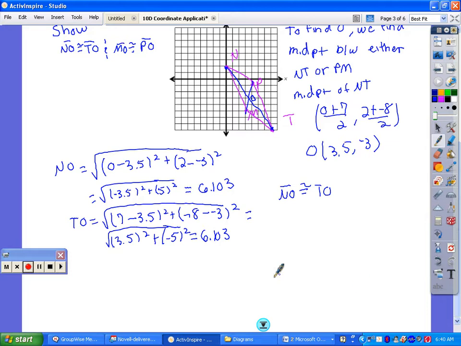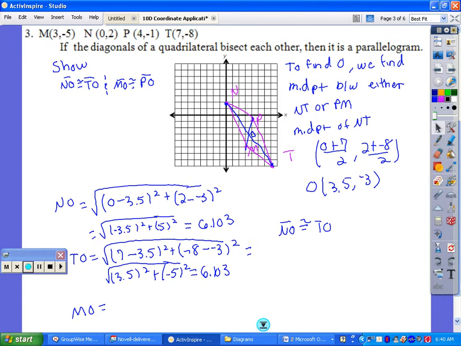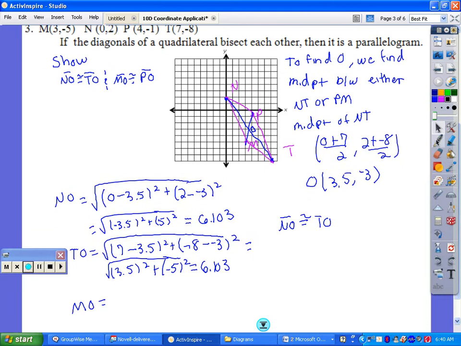So we have to find the distance from M to O, and then we also have to find the distance from P to O. So if we look at our coordinates again, M is 3, negative 5, so I'm going to do the square root of our x, 3 minus our same midpoint O, 3.5 squared plus, and then the change in our y's.